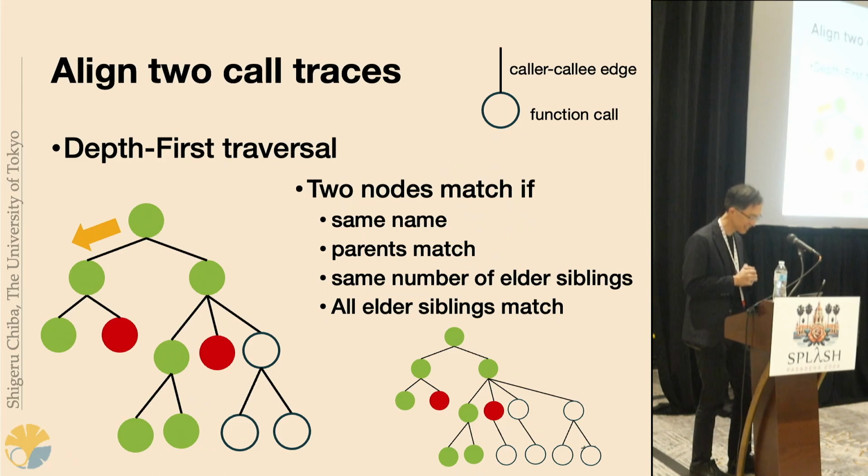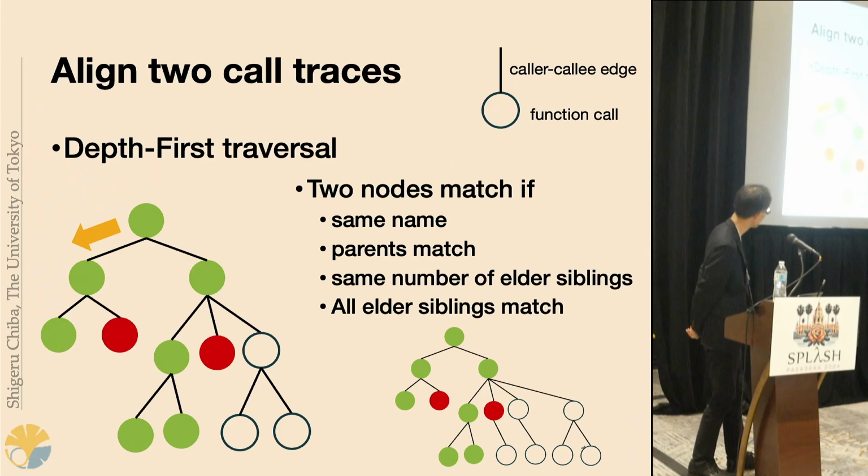In that case, the tool recognizes these two nodes match. So in this particular figure, green means match. Okay, first of all, in this tree, a circle represents a function call, and an edge represents a caller-callee relation.